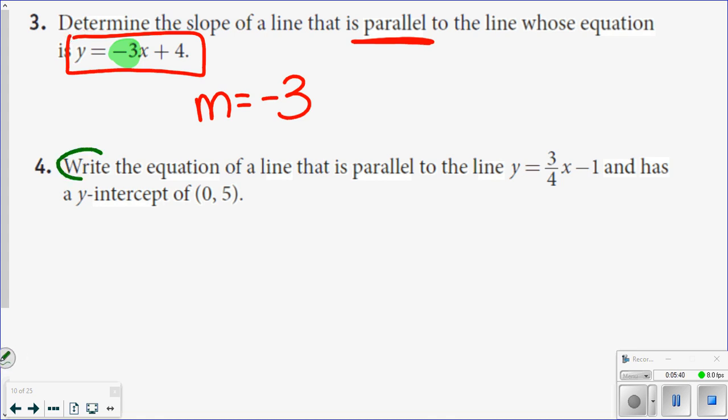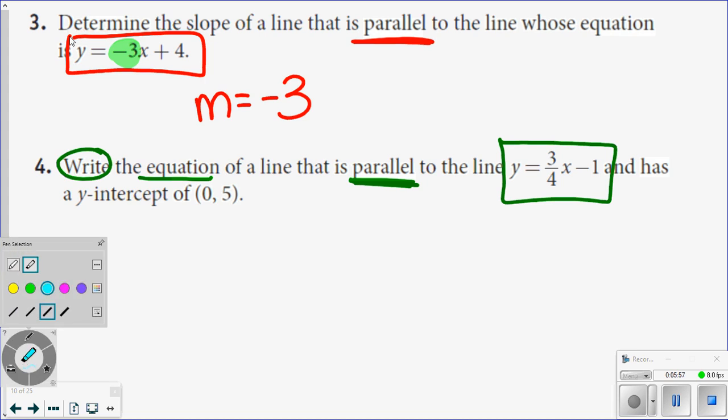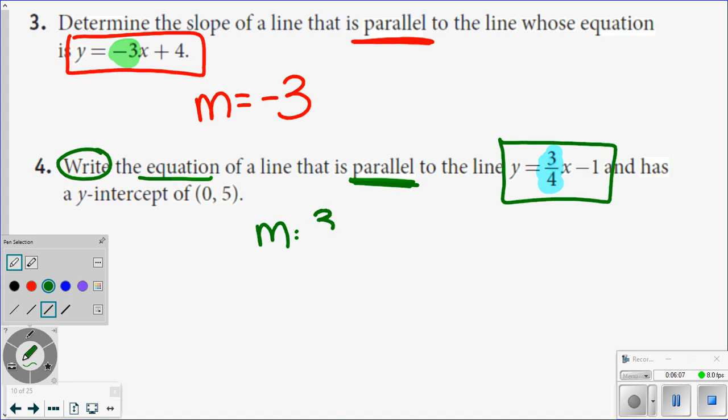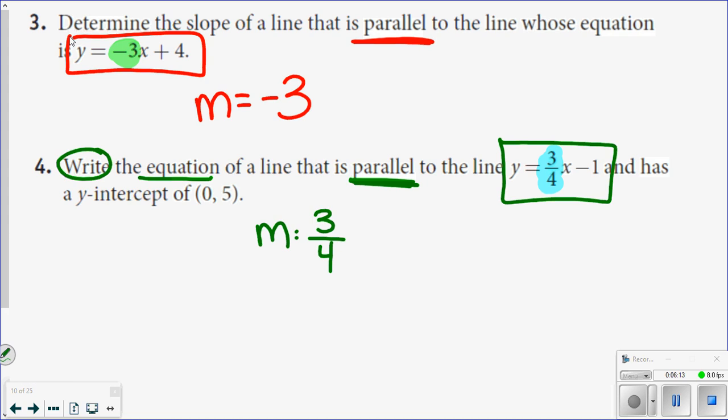Question 4 says write an equation of a line that is parallel, so same exact slope, to this line. Well, what's the slope of this line? Let's highlight it. The slope of this line is 3/4. So what's the slope of something parallel to that? The slope parallel would also be 3/4. Perfect. It's the same. And it has a y-intercept 0,5.